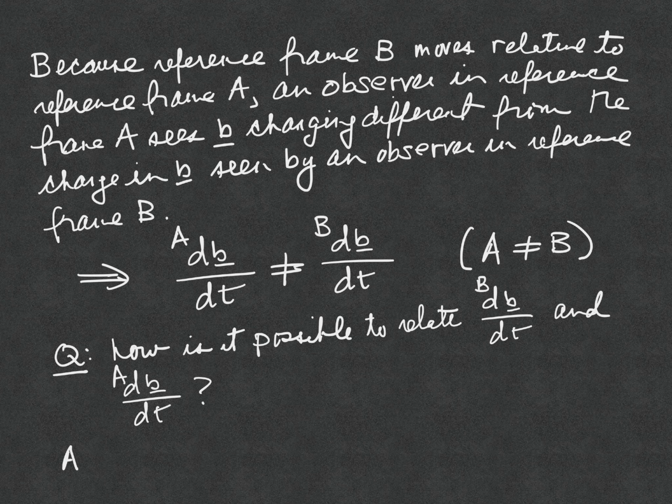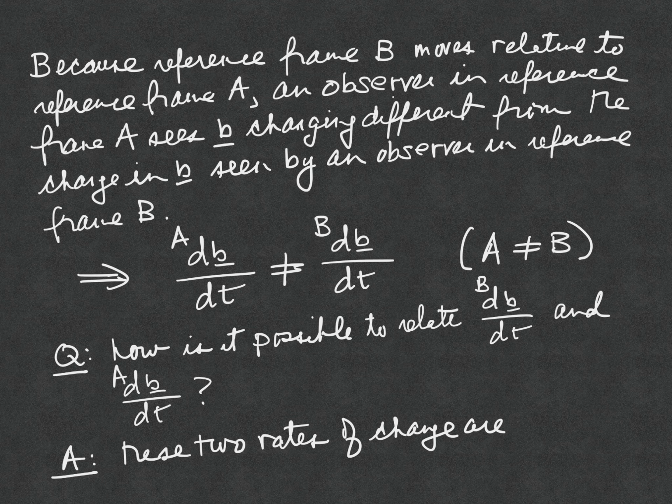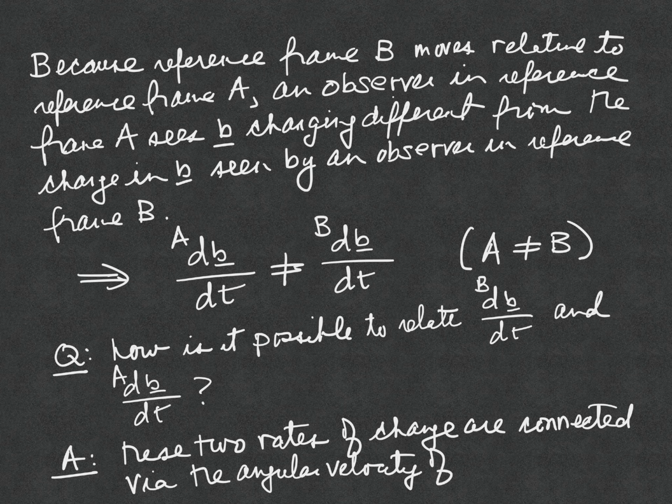So the answer is these two rates of change are connected via the angular velocity of B relative to A.